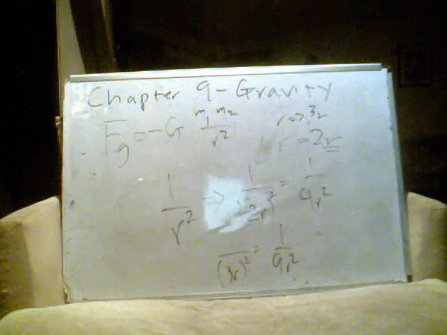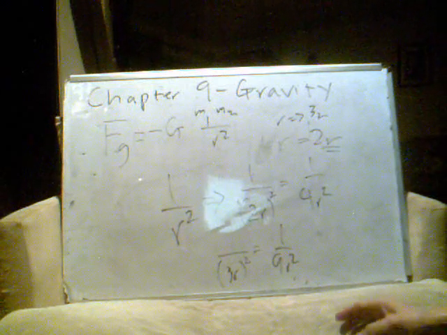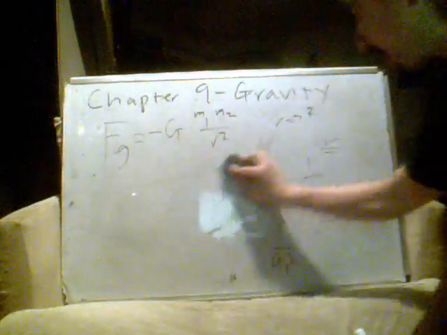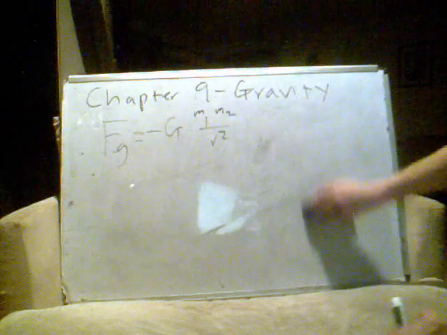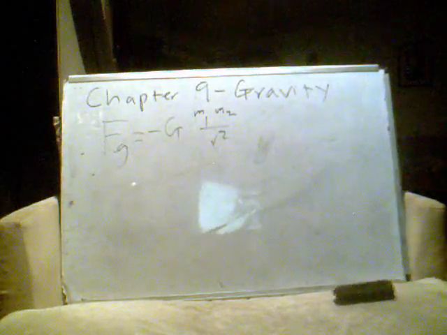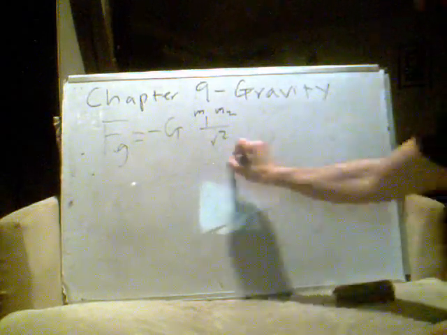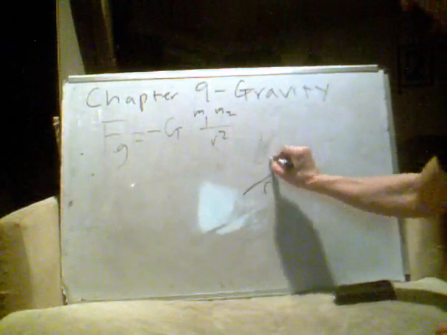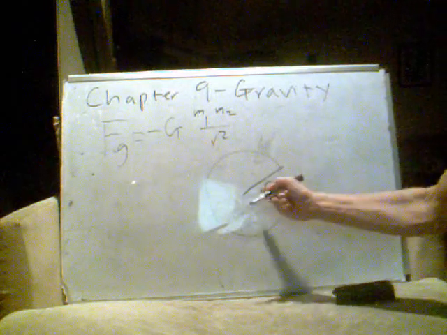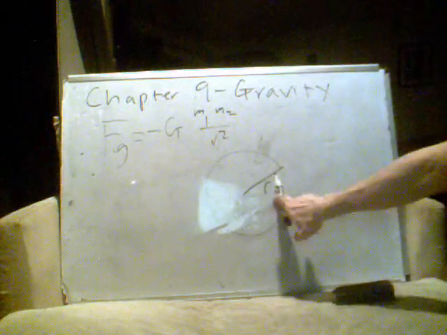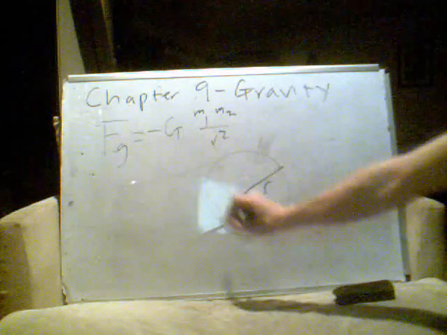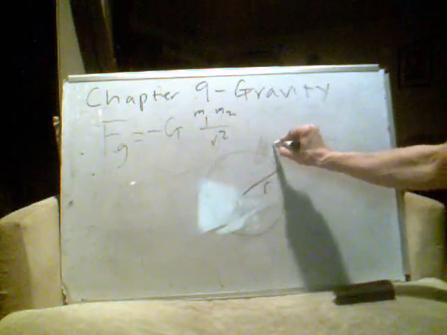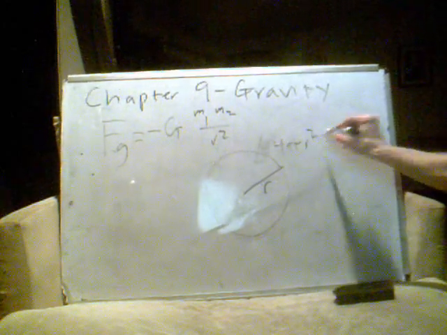And you can imagine the force of gravity like a can of paint, right? If you were to smear this can of paint, this force of gravity, out over a sphere at a distance r from, I don't know, the Earth or something, let's say. So at r, this can of paint is going to cover a sphere with area 4 pi r squared.